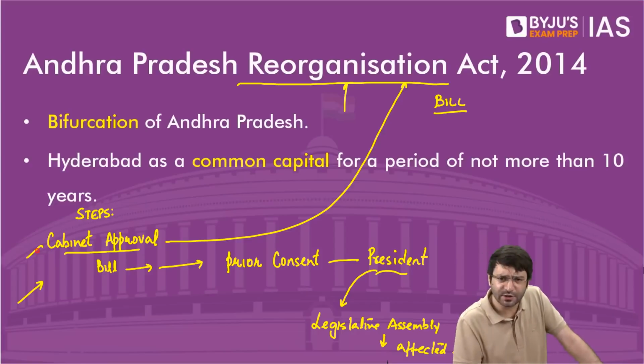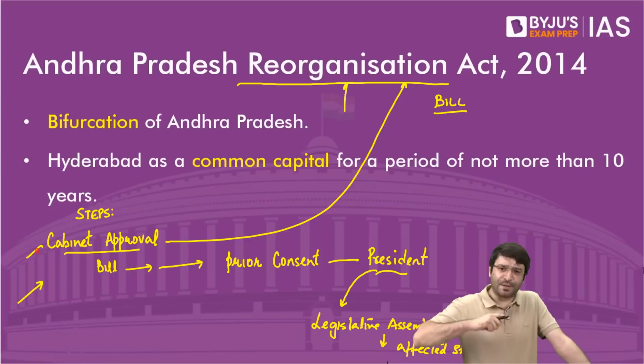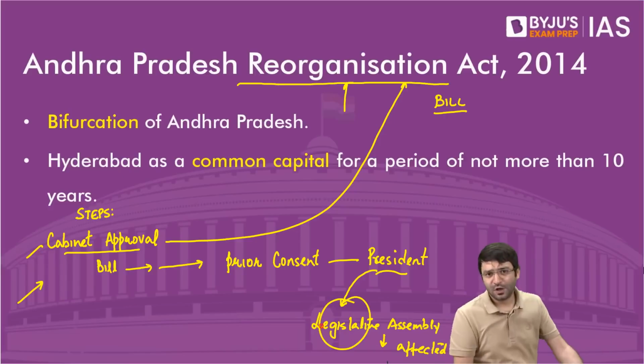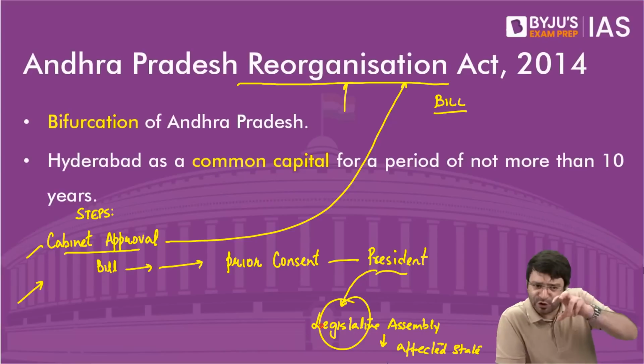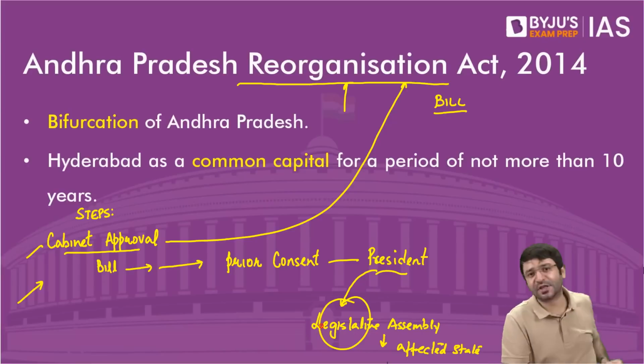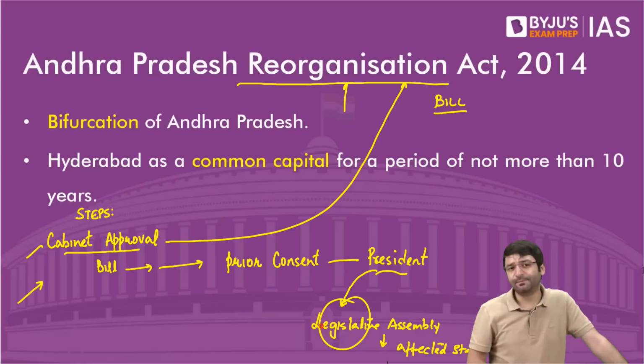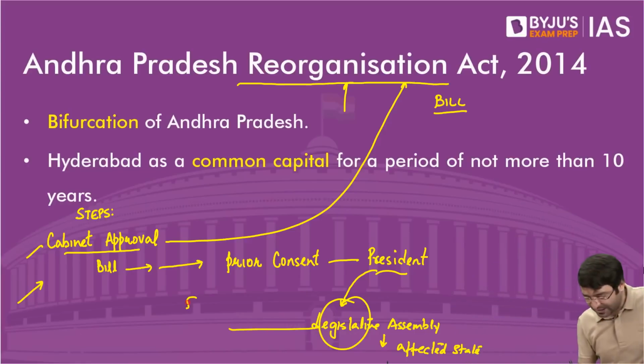What is that consultative process? I will refer this bill to the Legislative Assembly of that state which is going to be affected by this bill. So which Legislative Assembly is going to be affected by Andhra Pradesh reorganization bill? Andhra Pradesh Legislative Assembly. So I will send this bill to Andhra Pradesh Legislative Assembly. For what? For seeking views.